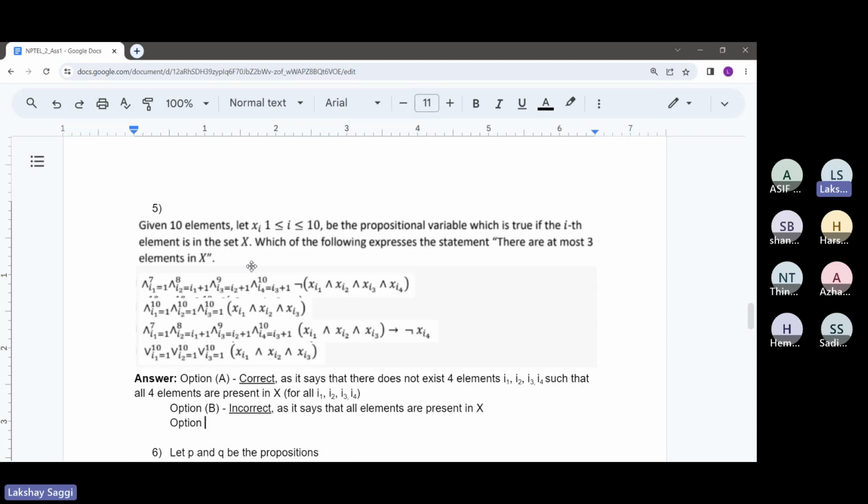Option B is incorrect. So let's now look at option C. Option C takes an and over I1, I2, I3, I4, and it says xi1 and xi2 and xi3 implies not xi4.